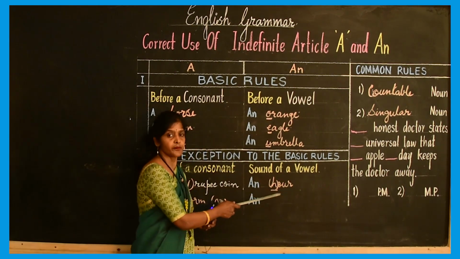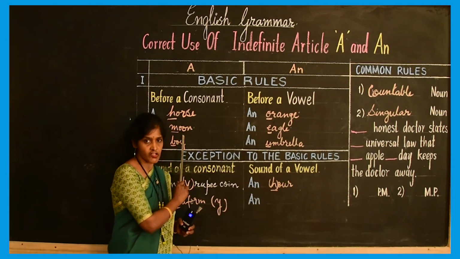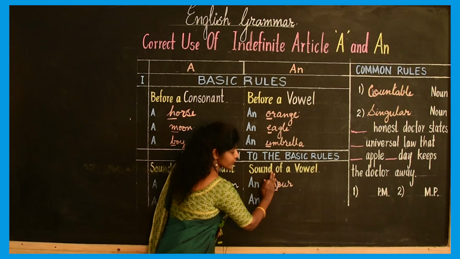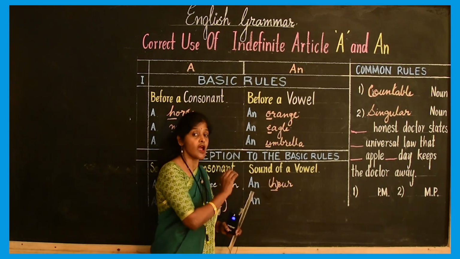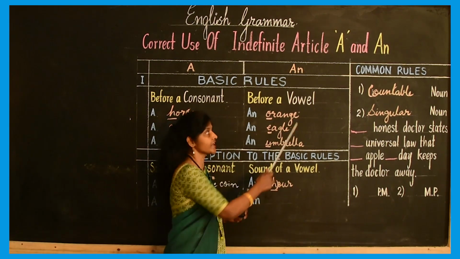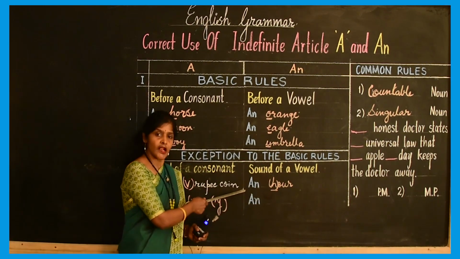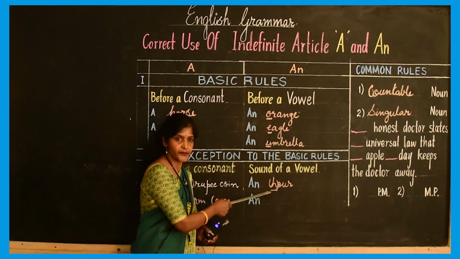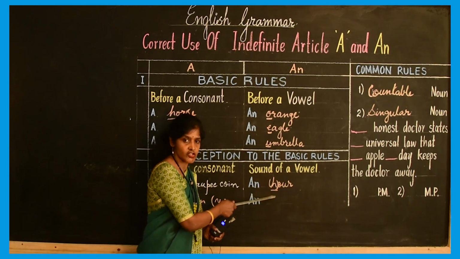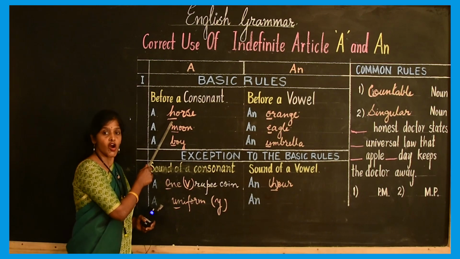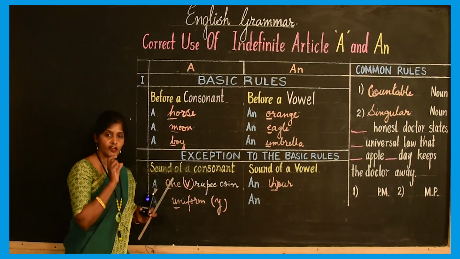The word hour begins with the consonant H, but it is silent, and we say the word softly, our, as if it begins with a vowel, and therefore the article an is used. You can compare the sound effect of H in this with that of H in the word horse, where we say it forcefully.